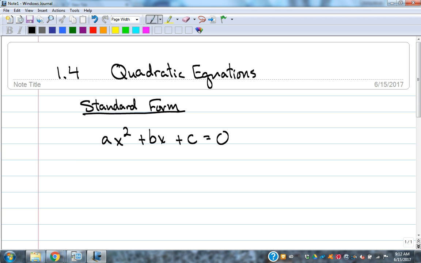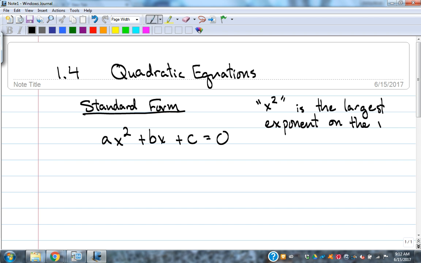To be a quadratic equation, the biggest thing is x squared is the largest exponent on the variable.